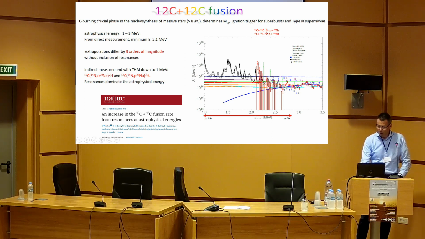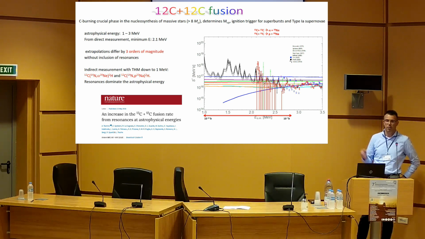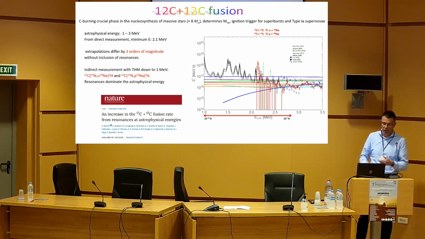Direct measurements stop around 2 MeV center of mass energy, and the region of interest is, as you can see here, below 1 MeV, between 1 and 3 MeV. And there are also some technical difficulties, because when you study carbon-12 on carbon-12, you might have even a little isotopic contamination of the carbon-12 target with a minimum concentration of carbon-13. And of course, you have to take that into account and purify your target. It is a sort of holy grail for people that are interested in nuclear astrophysics.